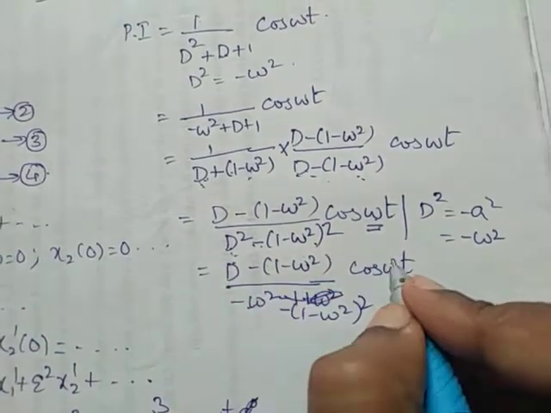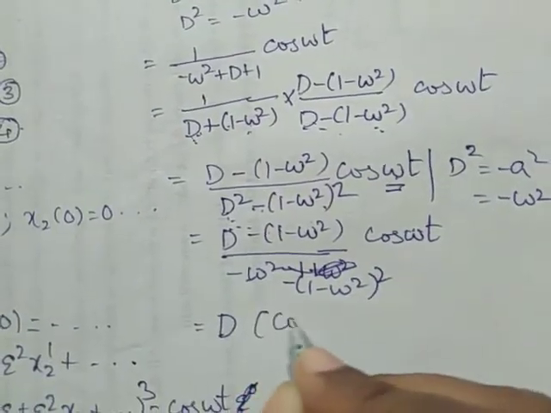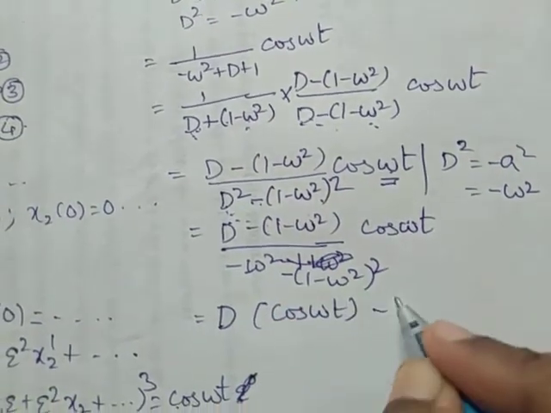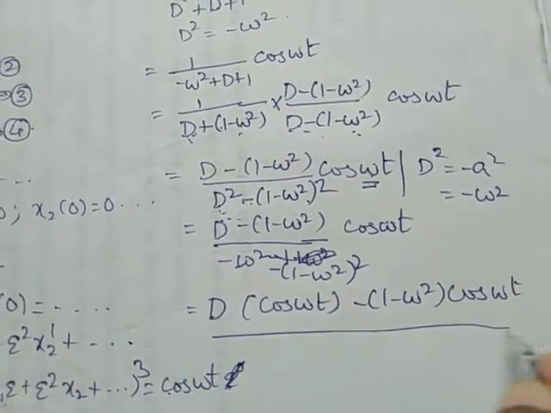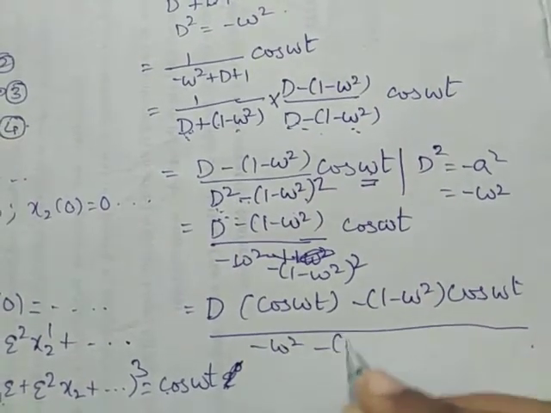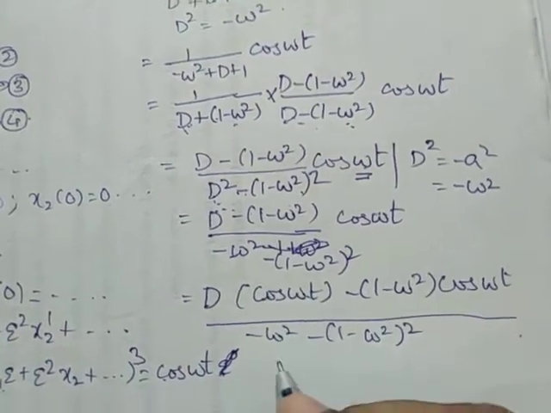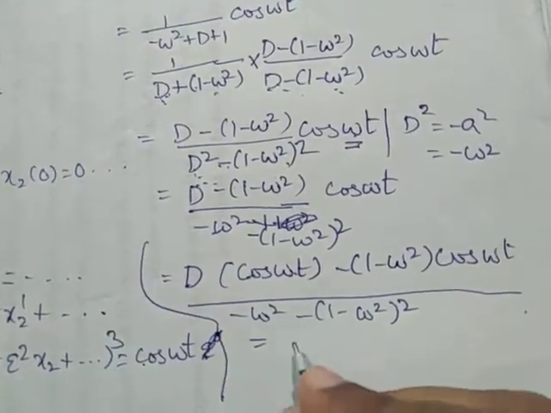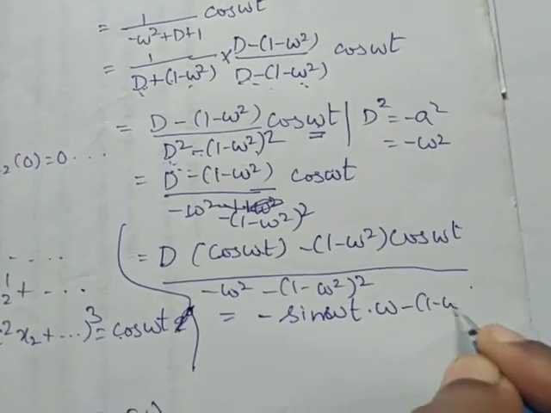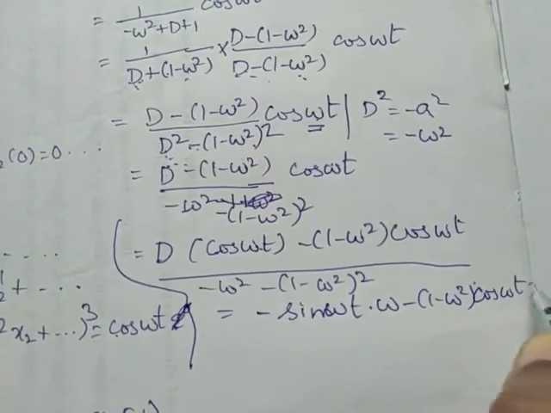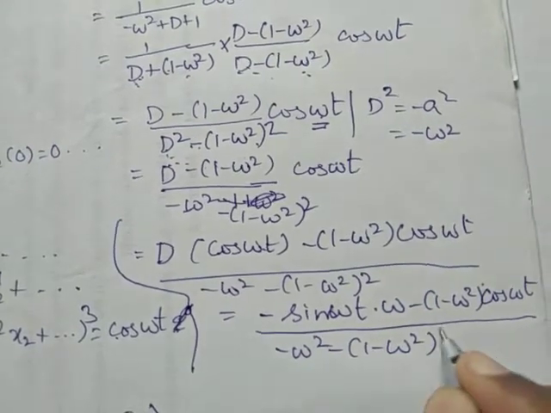Now multiply cos omega t in the numerator terms. We will get d into cos omega t minus (1 minus omega square) into cos omega t, and the denominator is minus omega square minus (1 minus omega square) whole square. So the differentiation of cos omega t is minus sin omega t into omega, minus (1 minus omega square) cos omega t, whole divided by minus omega square minus (1 minus omega square) whole square.